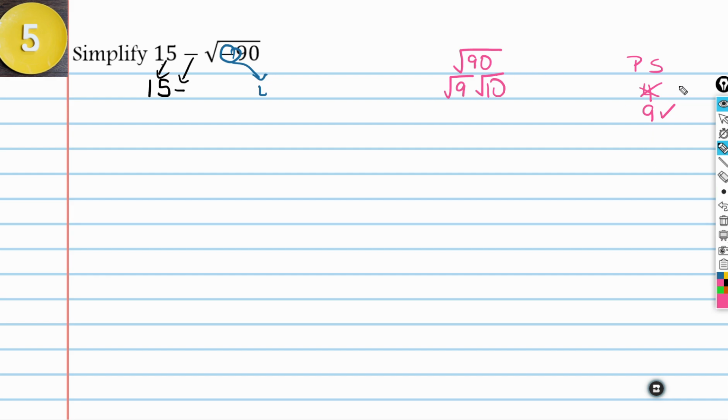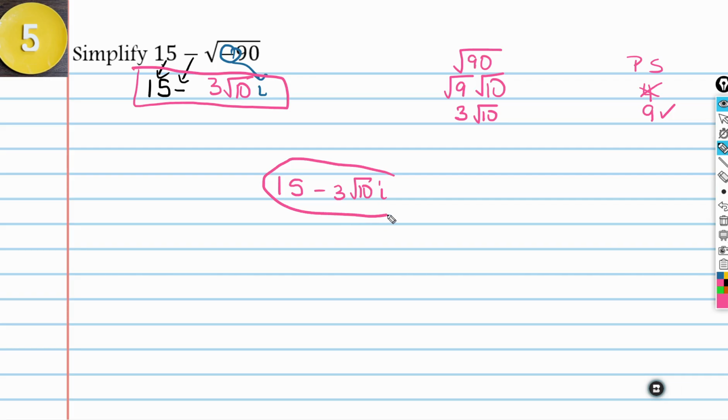Now, if I look at my list, 10 is not one of my perfect squares and nothing will divide into it. So that gives me 3 square root of 10. And this whole thing is your answer. So 15 minus 3 square root of 10, i. And I haven't pointed out that the square root ends before the letter i. The i is after the square root.